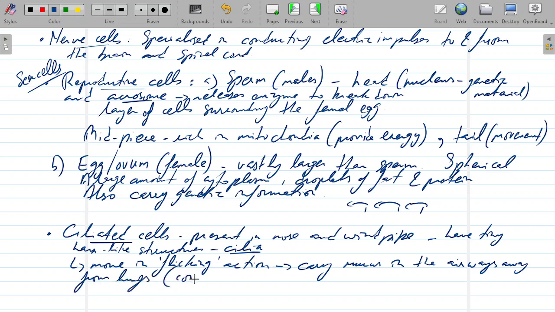And this mucus contains perhaps dust or bacteria or something which you don't want coming into your body, right? So it's a protective mechanism.